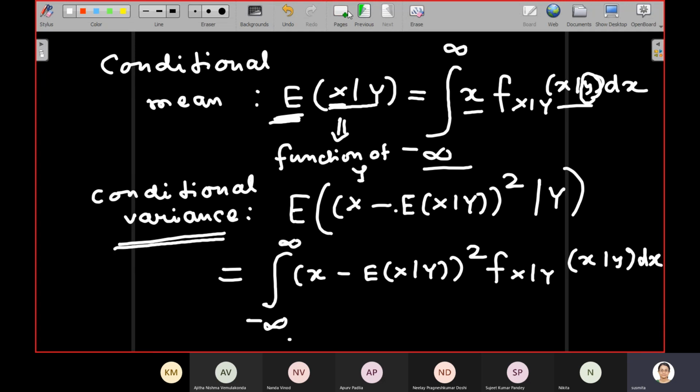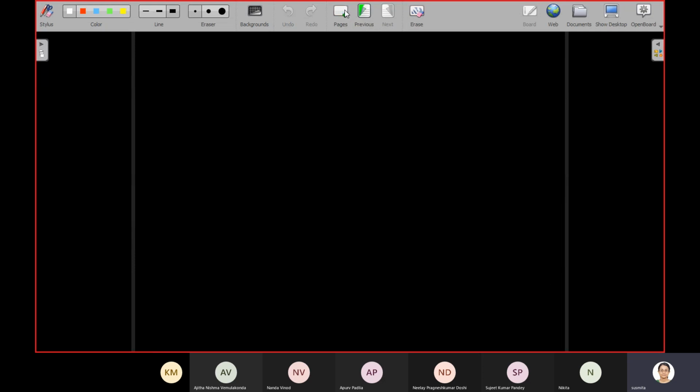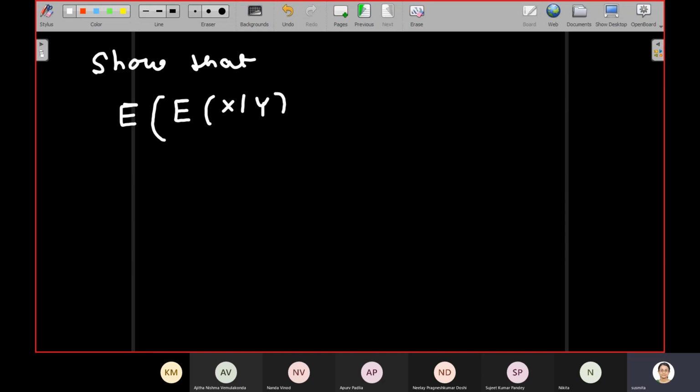Now, in this context, I have an exercise for you. You need to show that expectation of x given y is the expectation of x.